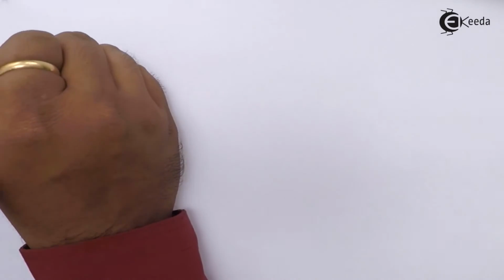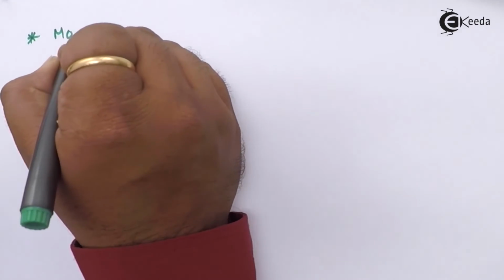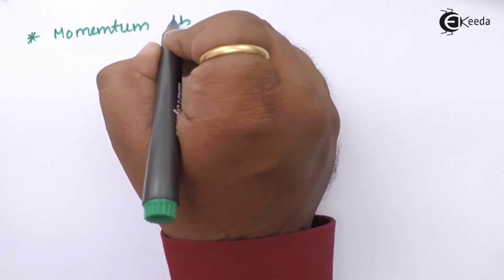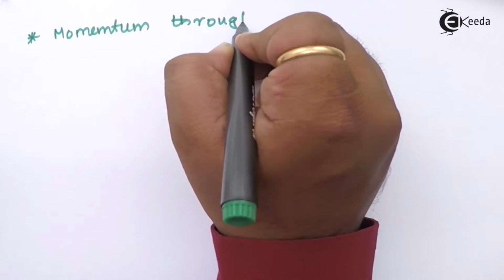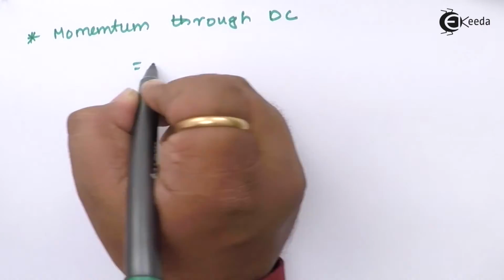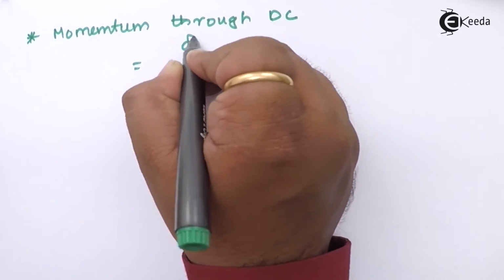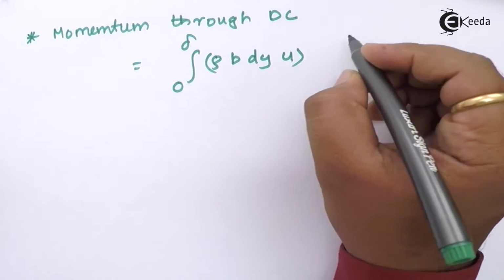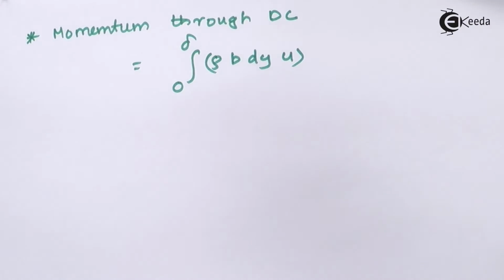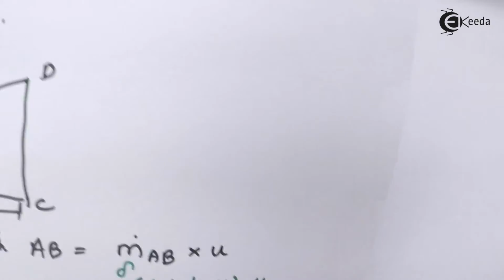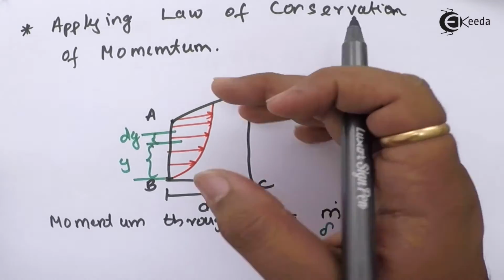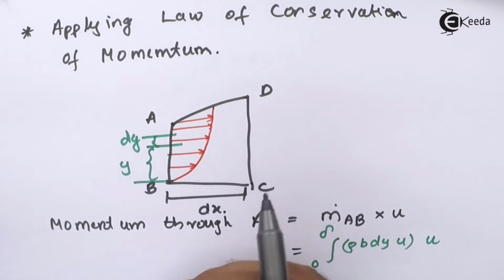So momentum through DC. That will be equal to the integral from 0 to delta of rho b dy u, and here also the velocity with which it will be leaving, under this boundary layer, is also a function of y.